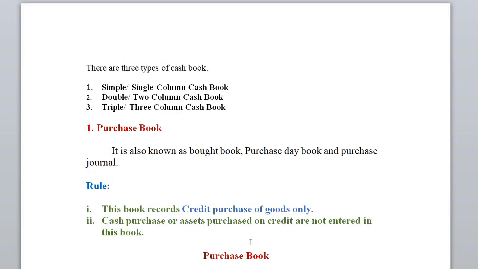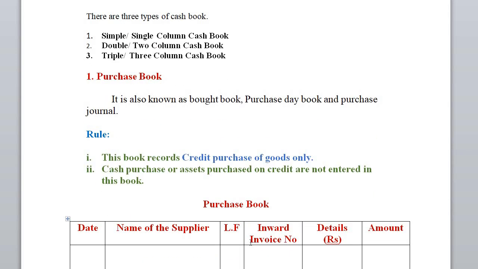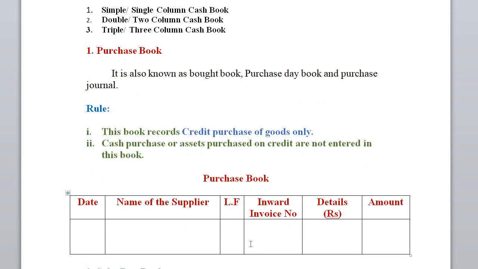In purchase book, we are going to record only the credit purchase of goods. The cash purchase of goods and the cash or credit purchase of assets are not entered in this purchase book. The following is the pro forma of the purchase book.